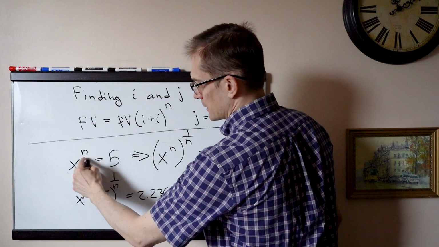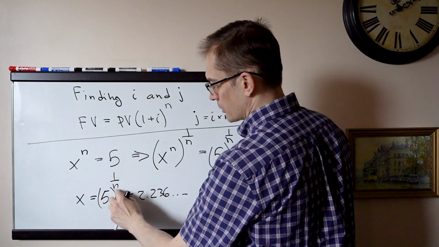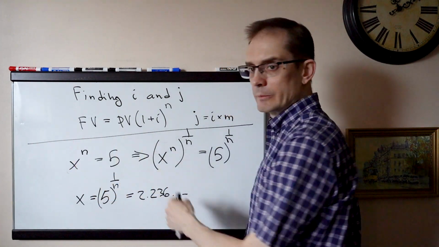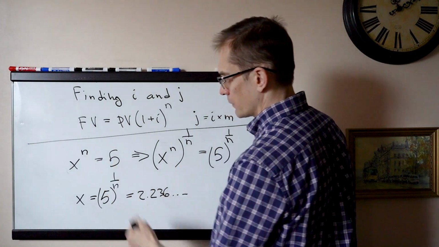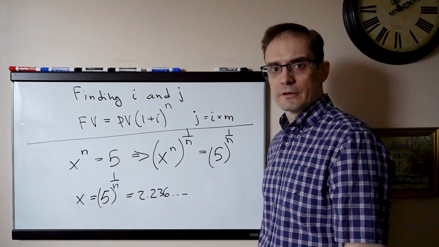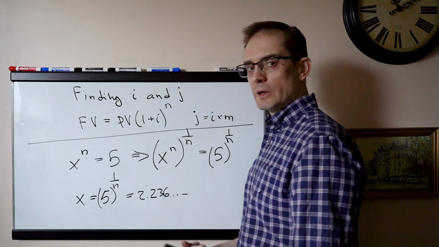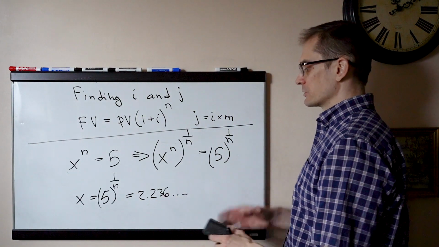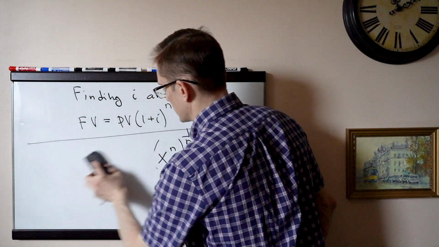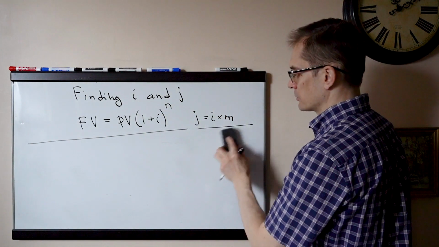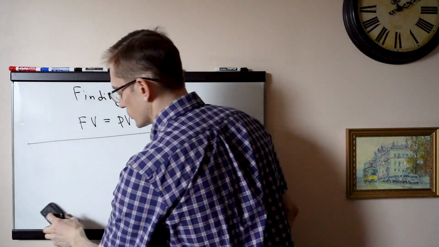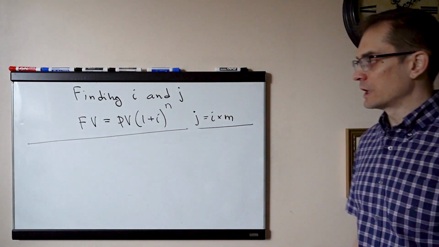Because remember, this n will be any number, so I will be able to calculate it. For example, n can be 4, and then it will be 1 over 4, n can be 365, it will be 1 over 365, and so on. So I'll plug it in my calculator and compute it.